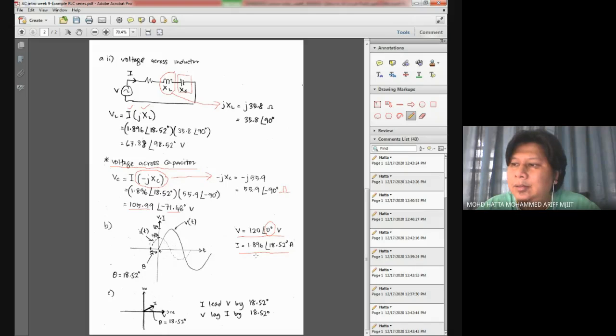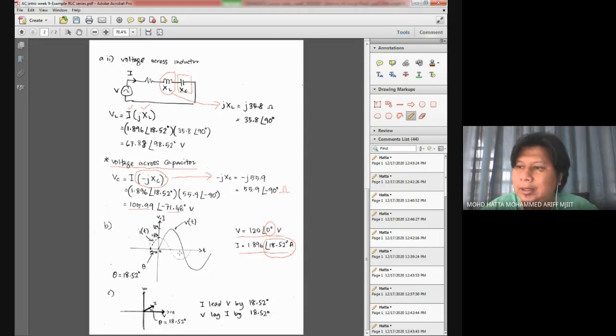And for current I, since it is 18.52 degrees, it will start earlier than this 0 degrees. The current is over here. I don't mind about the magnitude, but please label the magnitude. The magnitude should be 120 for V of t and 1.896 for the current.